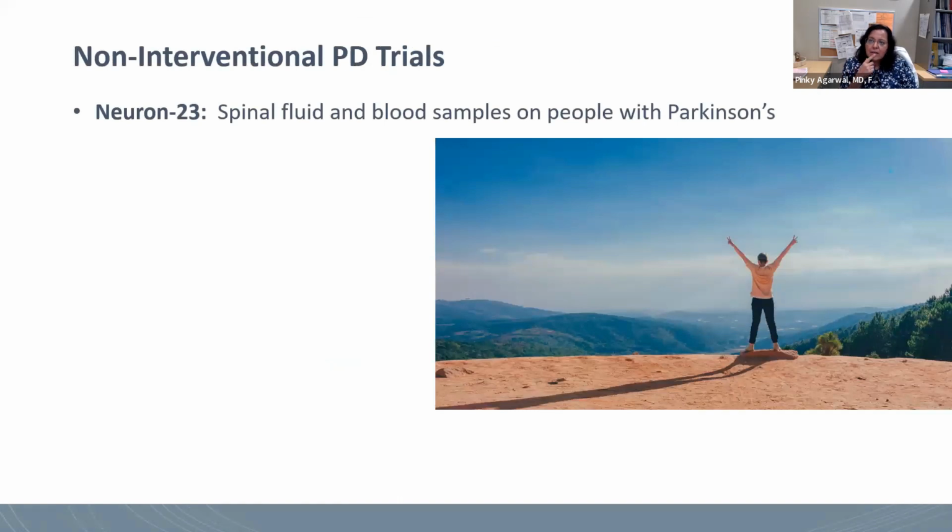Interestingly, I forgot to write urine over here, but there is a study going on called Neuron 23, in which they're looking at three biomarkers: spinal fluid, blood, and urine. The reason is that they're trying to see if some of the biomarkers for Parkinson's could actually be detected in the urine.